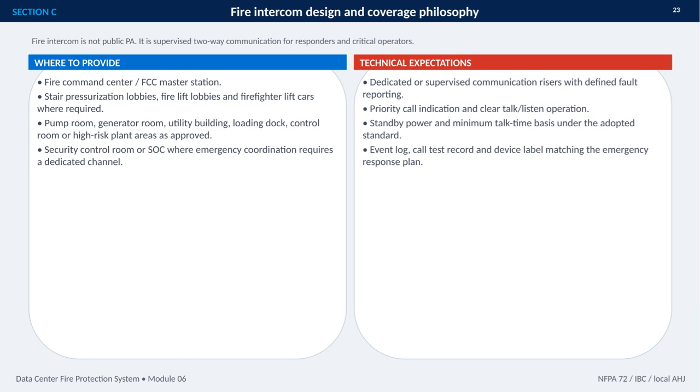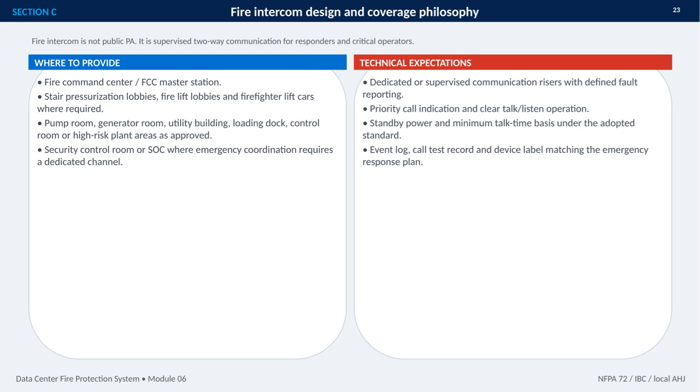Depending on the approved design, it may also extend to pump and generator rooms, utility buildings, loading docks, control rooms, high-risk plant areas, and the Security Control Room, or SOC, when emergency coordination calls for a dedicated channel. Technically, the communication path needs dedicated or supervised risers, with clear fault reporting.